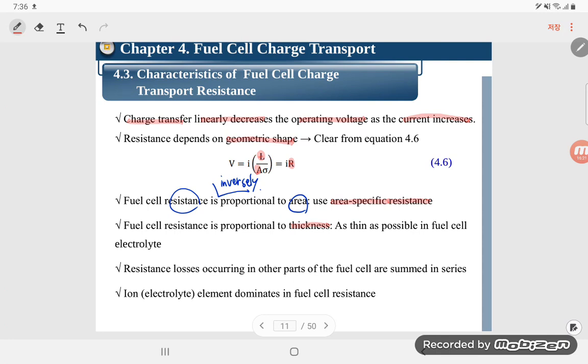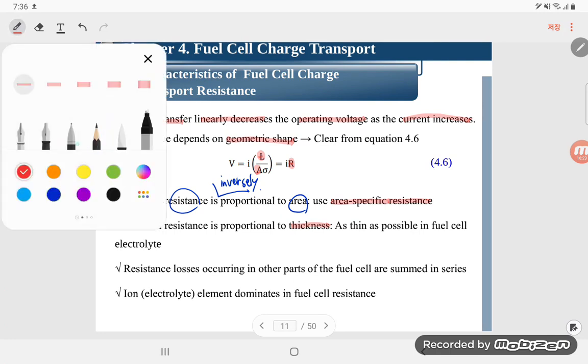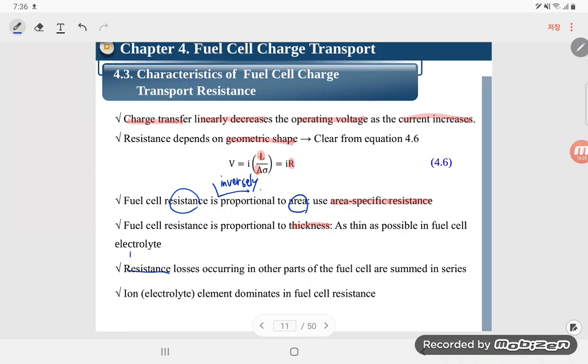And for resistance load, ohmic loss, losses occurring in other parts of the fuel cell are summed in series. Okay, this is a very important thing. We sum up all the resistance, because the electrical pathway is constituted in series.